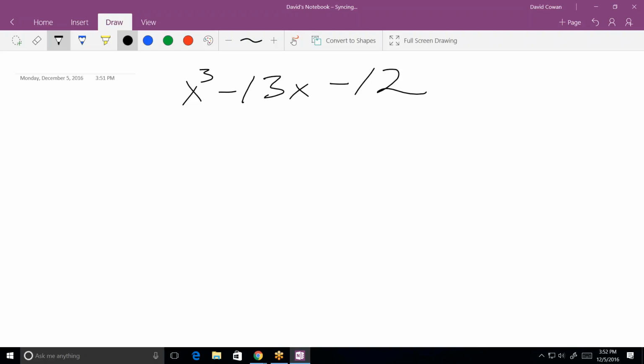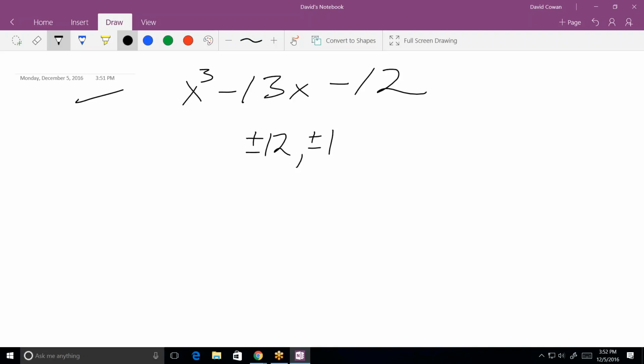So you've clearly had the rational factor theorem and the zero remainder theorem. The rational factor theorem says that if there is a rational factor, its numerator is a factor of 12 and its denominator is a factor of 1. So here are all of the possible choices.